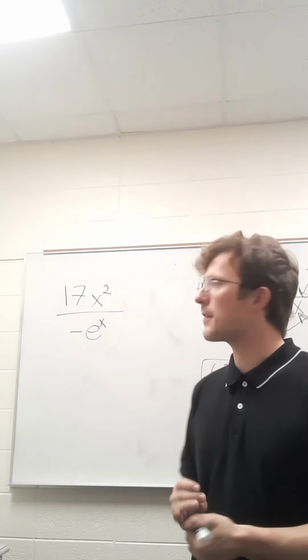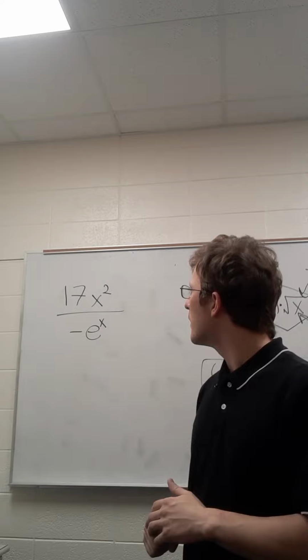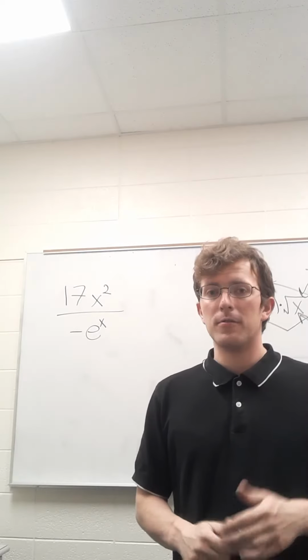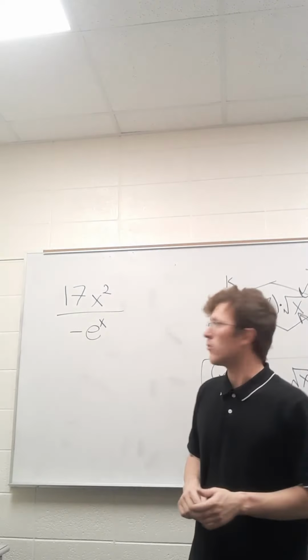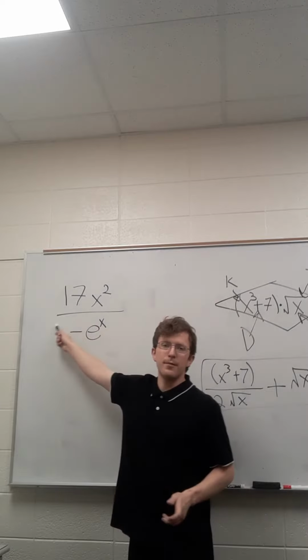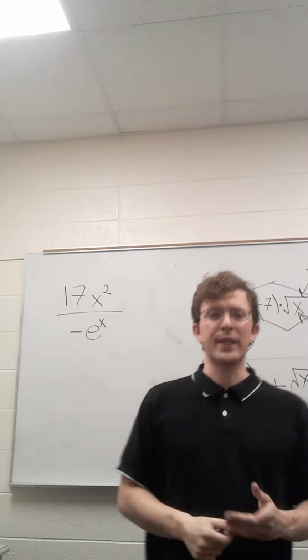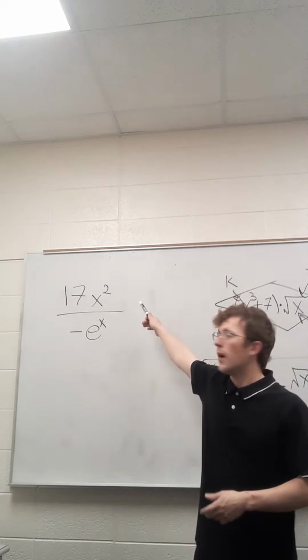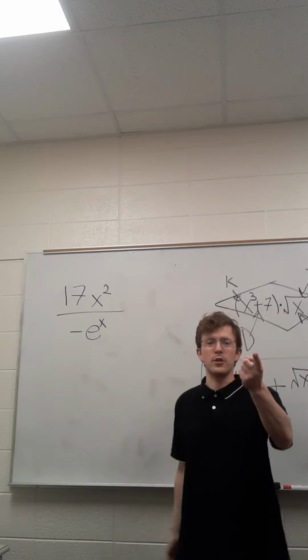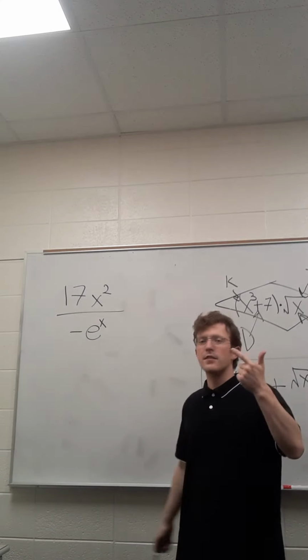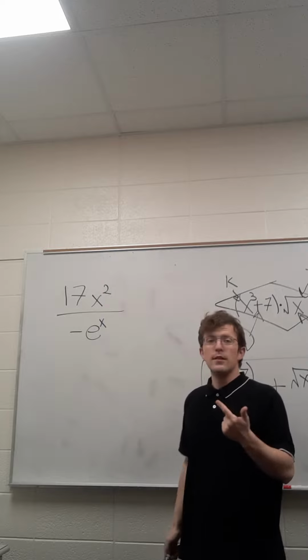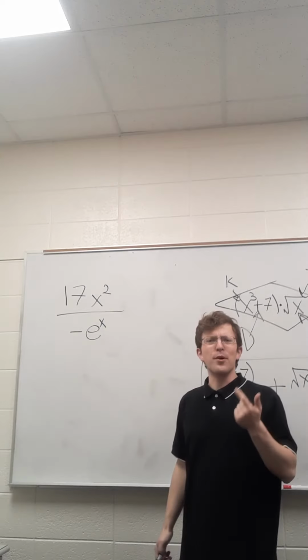If I want the derivative of this, well, I've already told you we need a quotient rule, but we've got a giant divides by, so it would make sense if we needed a quotient, especially since on top, 17x squared, that's a function. On the bottom, minus e to the x, that's a different function. Amazing. Now we get to deal with multiple functions.